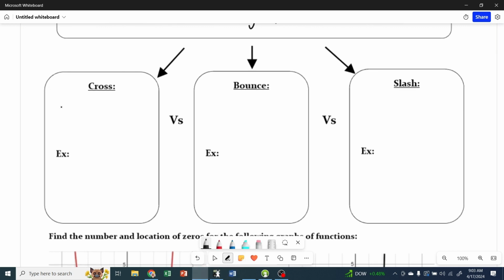The first one is a cross. Basically what you have is a multiplicity of 1, and the graph travels through.